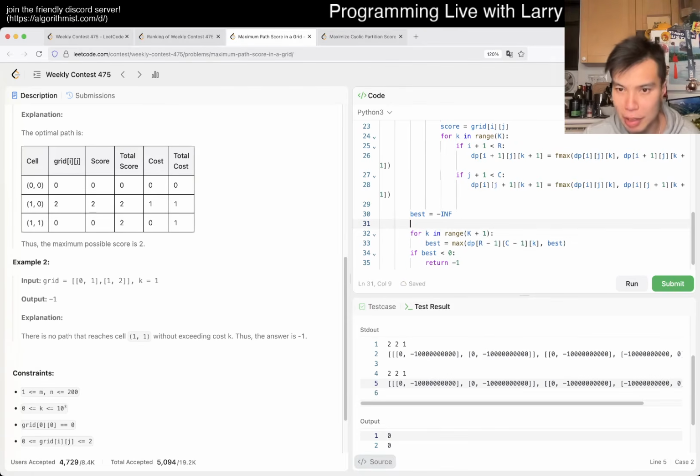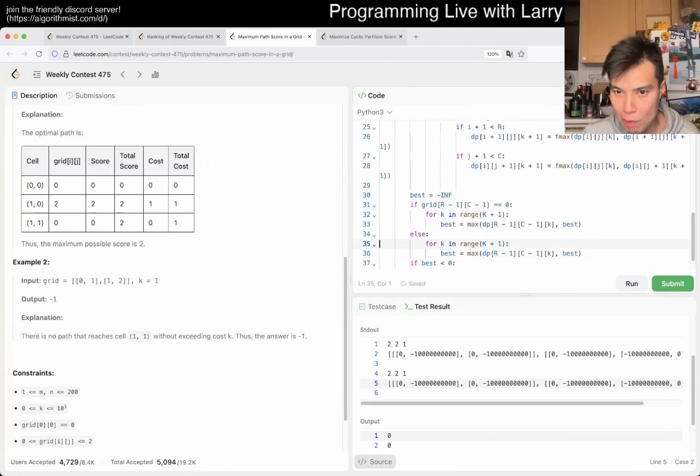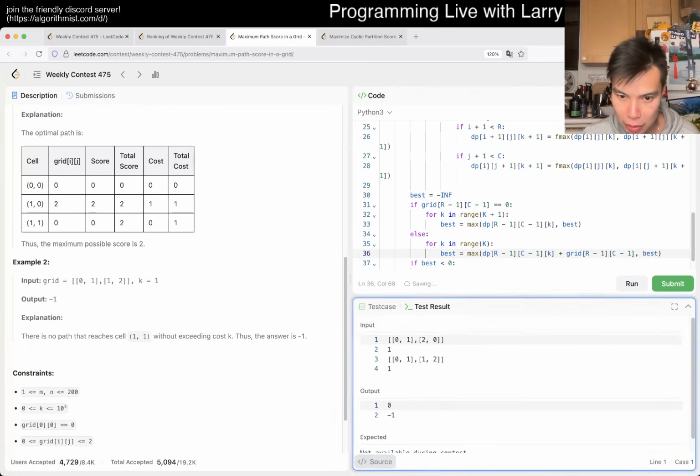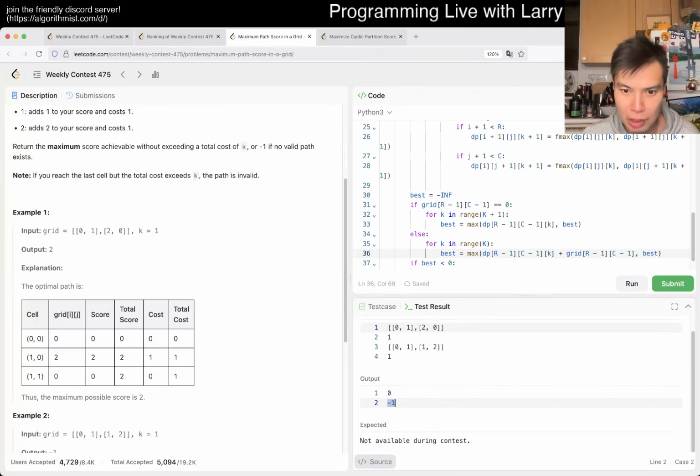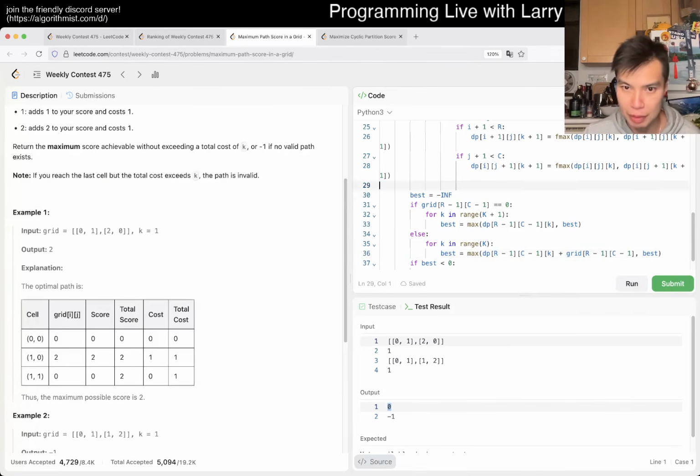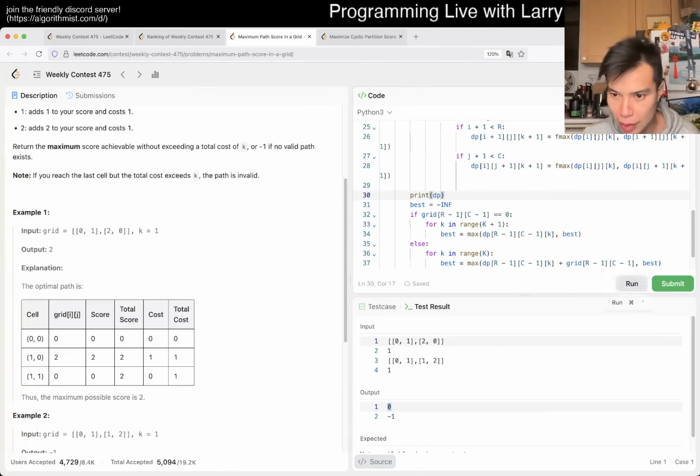This is annoying, but it's fine. This is 0, then this is fine. Otherwise, if we don't count this, and then we add well, just a grid. Alright, okay. Okay, that's good. 0, not so good. We have to fix that.